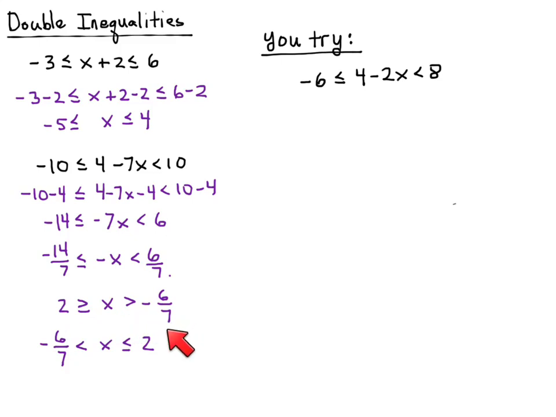So all you have to remember is when you write these, you write them in the opposite order, and then the inequality sign stays paired up with the negative 6/7 and the x. That's a strict inequality, and then you have the equality sign between the x and the 2. And then you just look at this and say, well, the 2 is the bigger one here, 2 is the bigger one here. And I always remember that with the inequality, that the open sign is the bigger side. Okay, does that answer your question?